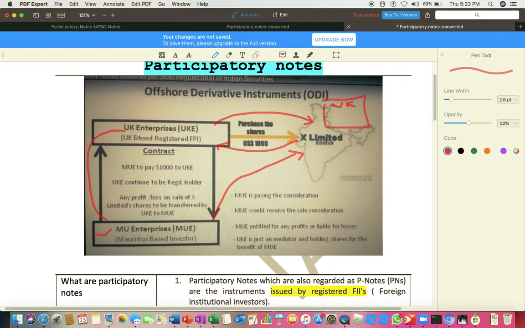So it will approach an enterprise which is already registered as an FII, foreign institutional investor, or foreign portfolio investor, and the foreign portfolio investor will act as a mediator. The contract or agreement between this enterprise and that enterprise is basically an offshore derivative instrument or a participatory note.